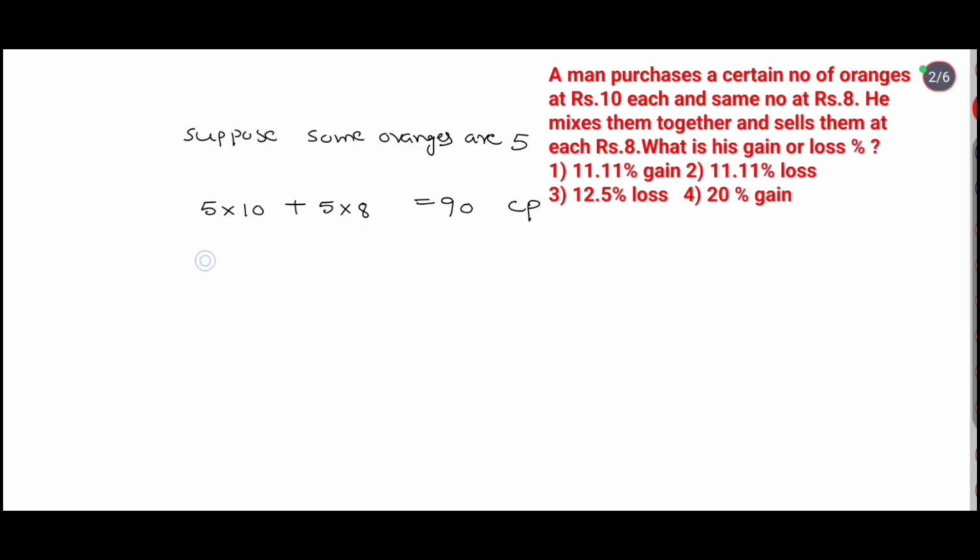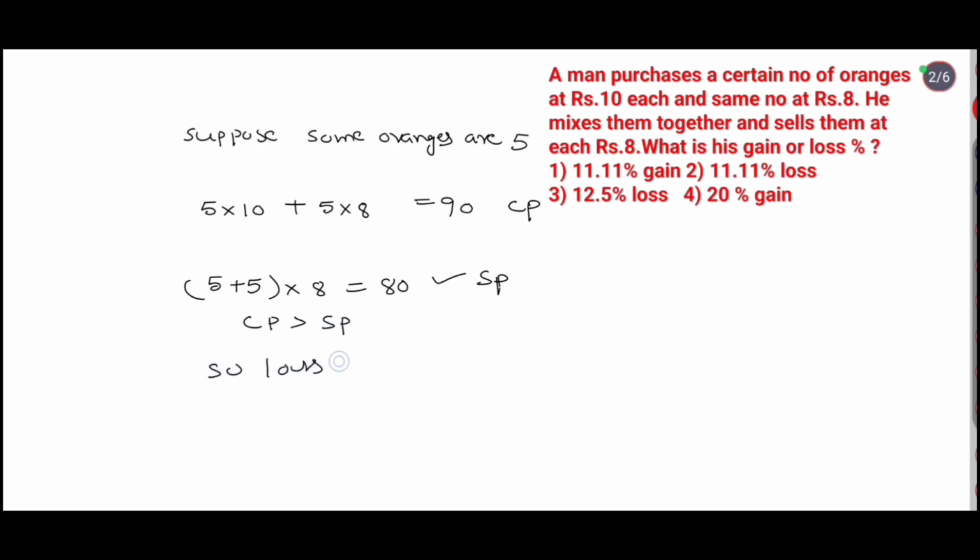And he mixes them, all the fruits are mixed. So 5 plus 5, 10 fruits are mixed and the selling price is 8 rupees each. So 5 plus 5 multiplied by 8, 10 into 8 is 80. This is the selling price. So observe that the problem clearly shows a loss, since cost price is greater than selling price.